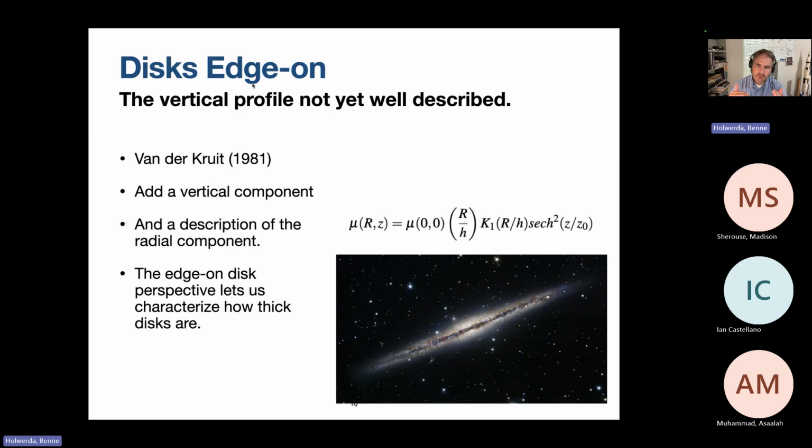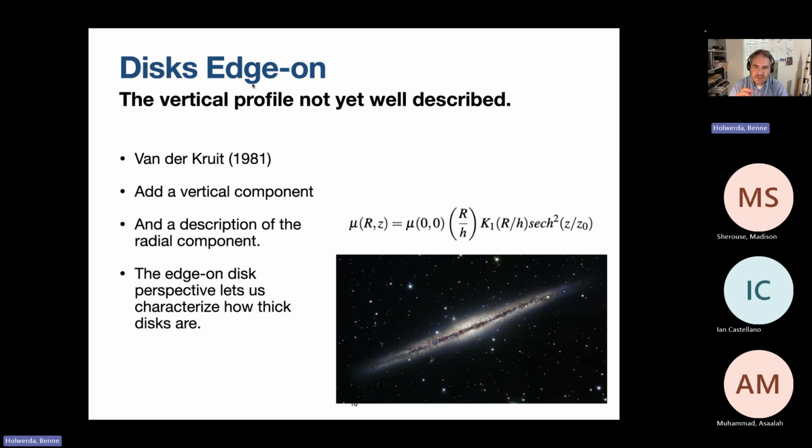As we look at the edge-on galaxy, Pieter van der Kruit in 1981 came up with a profile description for edge-on galaxy disks, a way to model the whole edge-on view of a galaxy without that dark stripe. Typically, from ground-based data, the dark stripe wasn't as clearly visible.